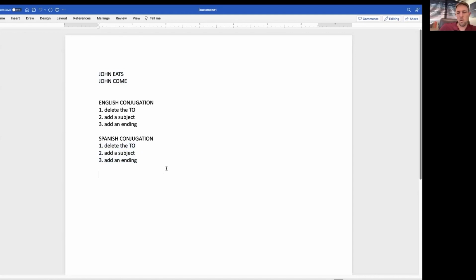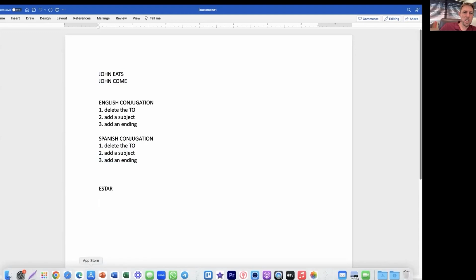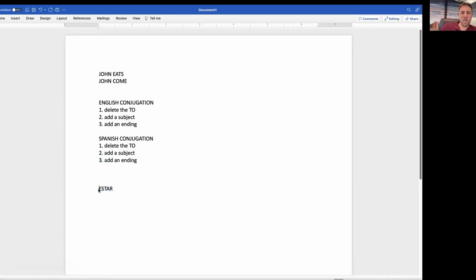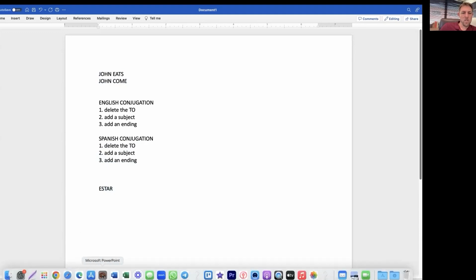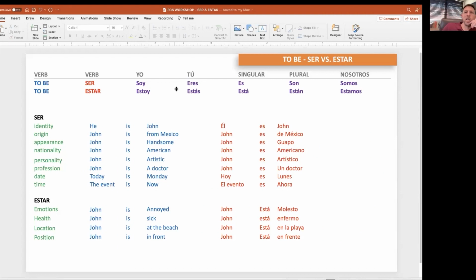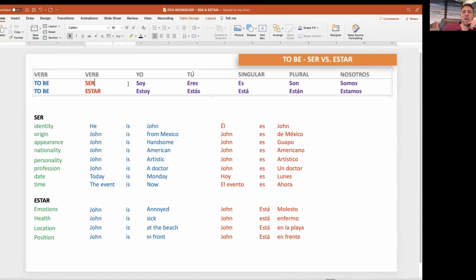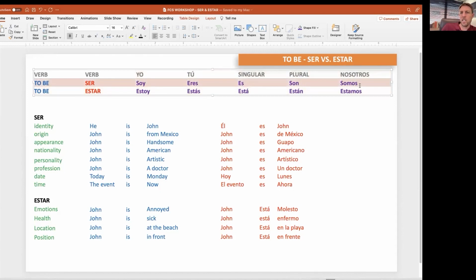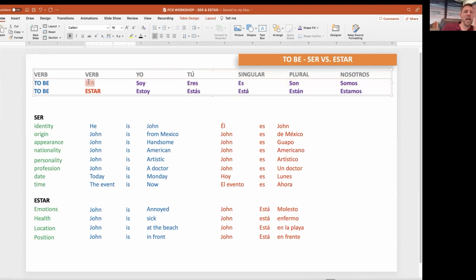All right, so we're going to look at estar. Okay, and we're going to look at the endings of estar. So here are the endings of ser and estar. Now, ser is what's called an irregular verb, completely irregular. None of the endings match anything.